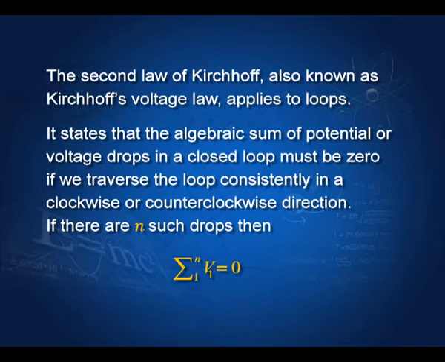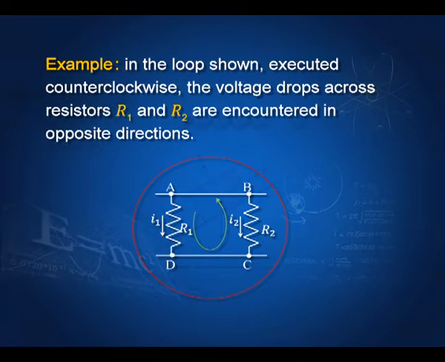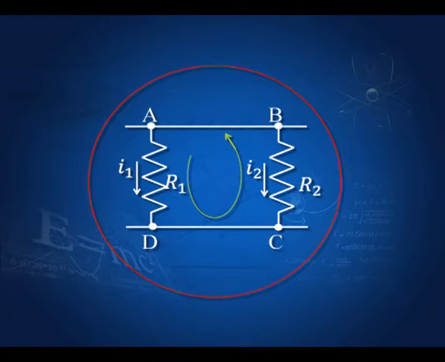And if we do that, then V1 plus V2 plus V3 plus V4 must all add up to 0. Take this example for this loop, and we are going to traverse this loop in the anti-clockwise direction. You see the current I1 is in the same direction as the loop. Therefore, the potential drop across R1 is I1 R1.